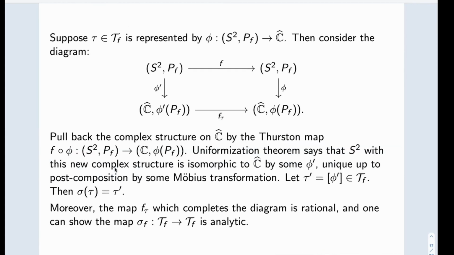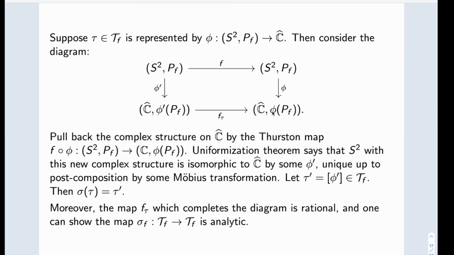So that was Teichmüller space, but how do you actually get a map on Teichmüller space given a Thurston map? Here's the process. We start off with an element of Teichmüller space tau, which we can suppose is represented by some map phi, again sending our marked sphere to some standard identification of the Riemann sphere.